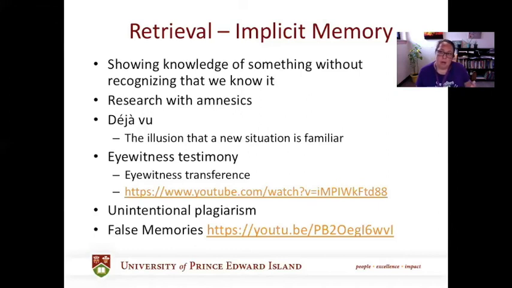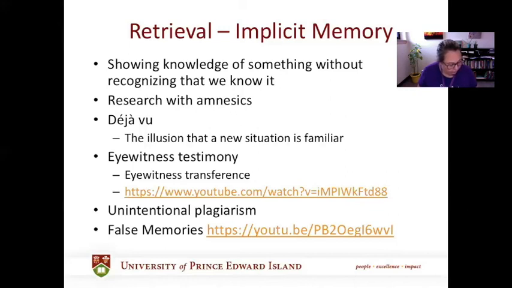So this is why we talk about eyewitness testimony and how eyewitness testimony often isn't the best way to remember things. Sometimes witnesses remember a face but forget the circumstances in which they saw it. Subjects then looked through mugshots, and a few days later they were asked to view a lineup.